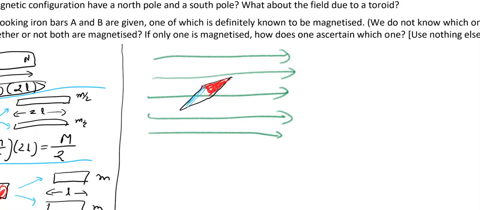Let it be blue: blue is south pole, red one is north pole. Now what happens in this case is, magnetic field is from north to south and the field lines are going from left to right, so the left side should be north, the right side should be south. And then this part of the needle will experience force.